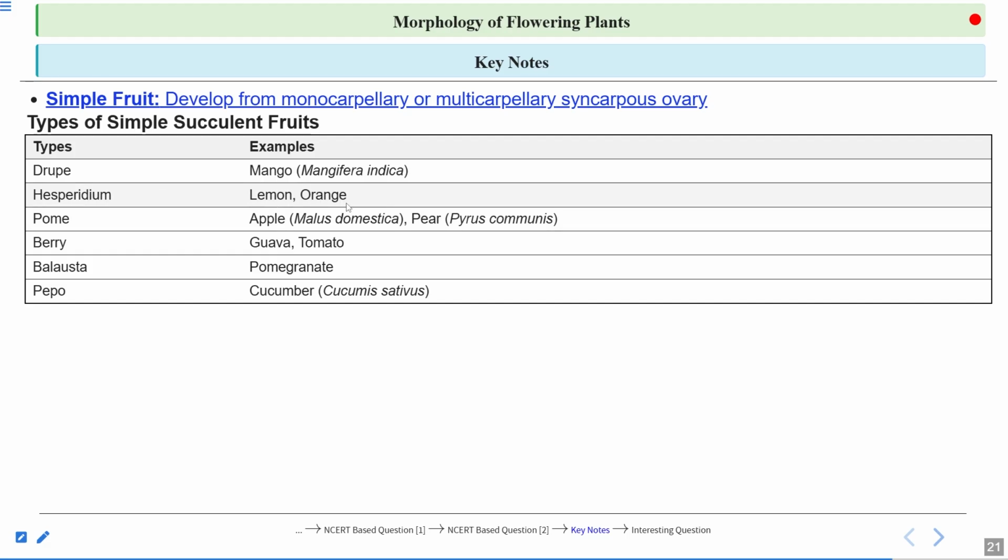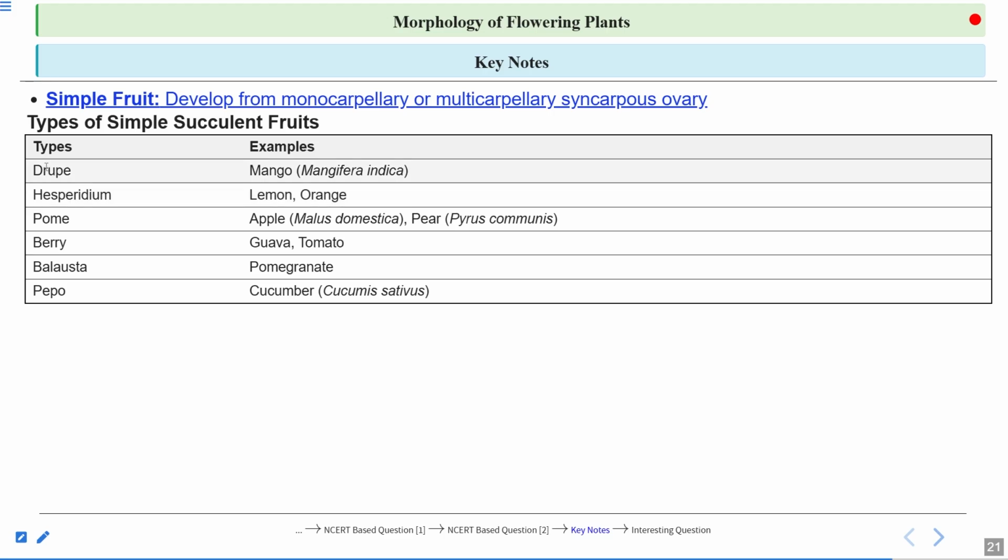You can see the fibers in lemon and orange, and these fibers are full of juices. Pome, apple and pear. Berry, guava and tomato. Balausta, pomegranate, and pepo, cucumber.